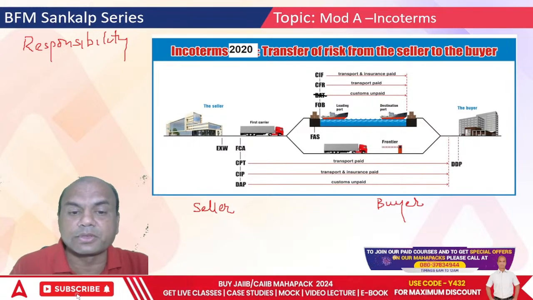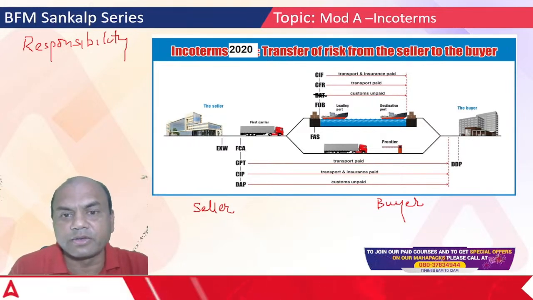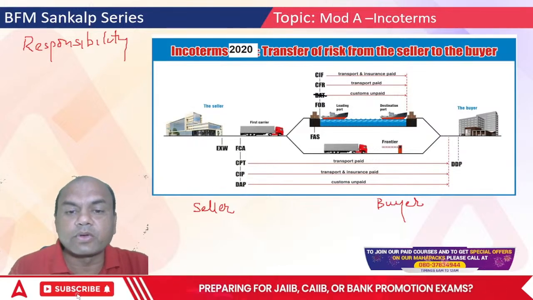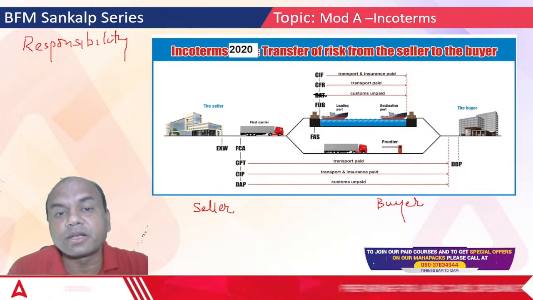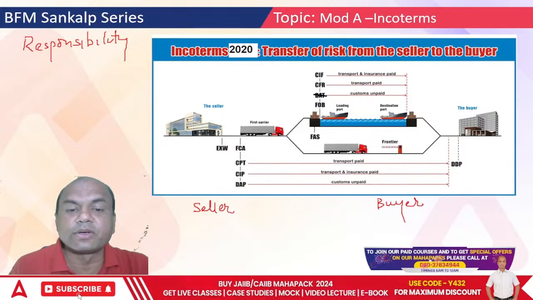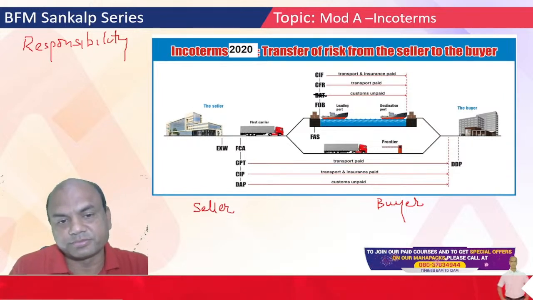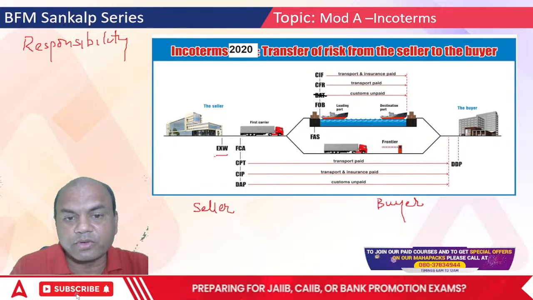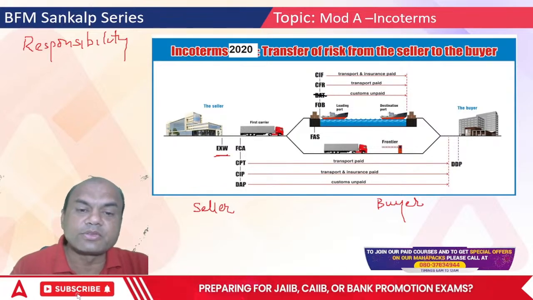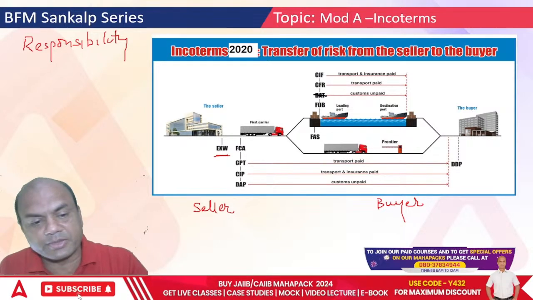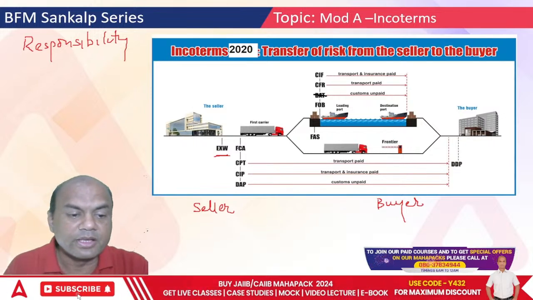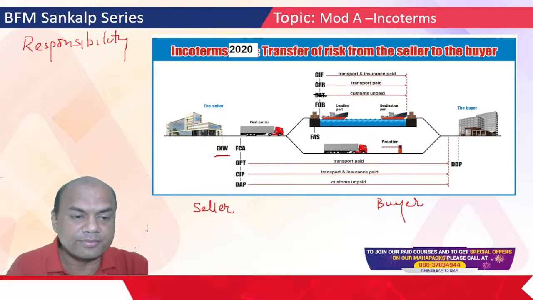Let me tell you regarding these Incoterms. When we go through them, you'll understand it better. Let's take the first Incoterm, Ex Works. What is Ex Works? If this is my factory, let me expand this so it becomes easier for you to understand.